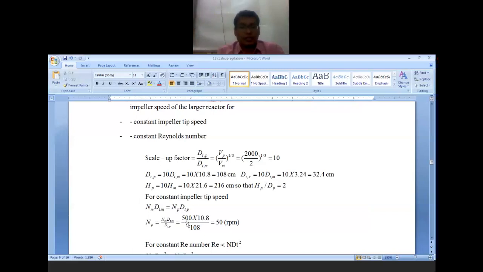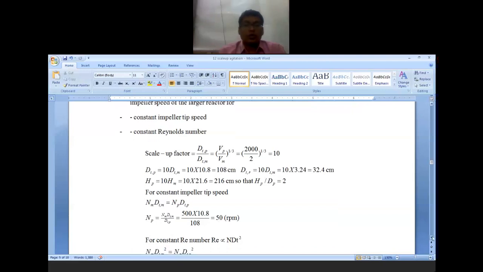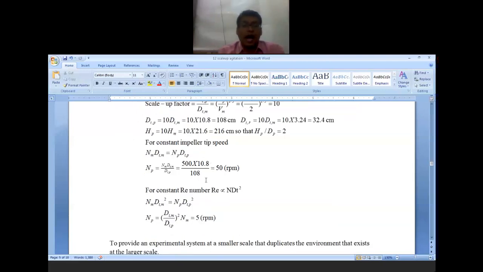You know the 500 rpm, that is the speed, and the diameter is 10.8, and Dtp is 108. So this gives 50 rpm. 500 rpm is required for the model, and when you choose it for the prototype, its speed is reduced to 50 rpm. That again varies on the ratio.